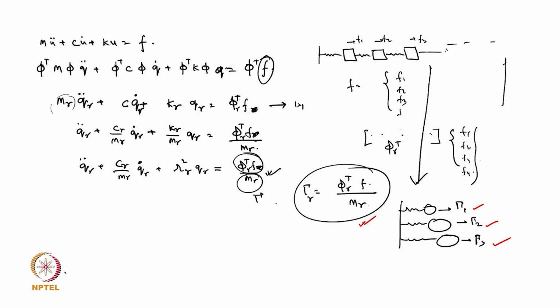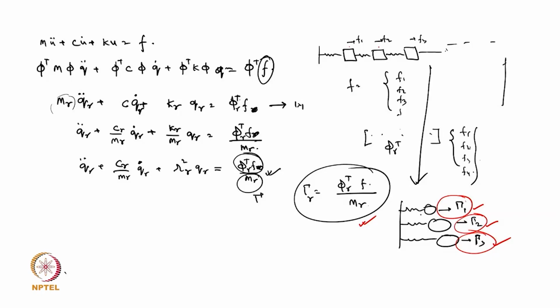That means if we are applying forces like F1, F2, F3, F4, then we also need to identify how much force is coming to each single degree freedom system, because they will not be the same.